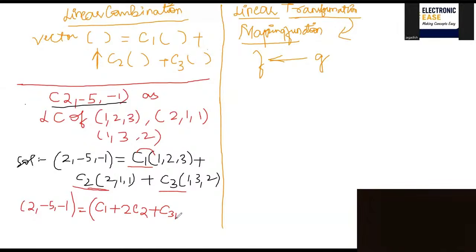Next, you need to look for this. What will that be? 2C1, next 2C1 plus C2 plus 3C3.